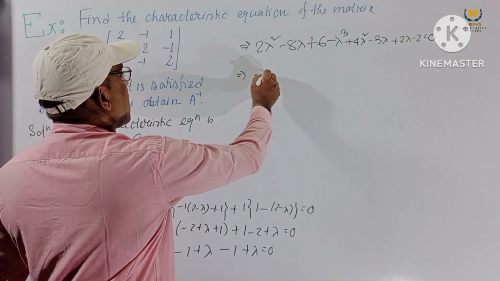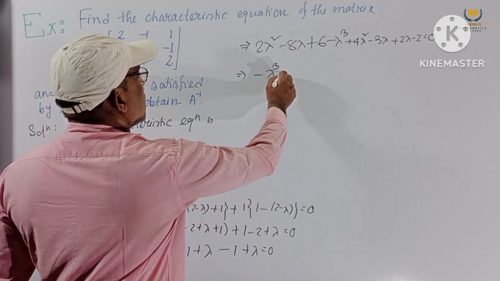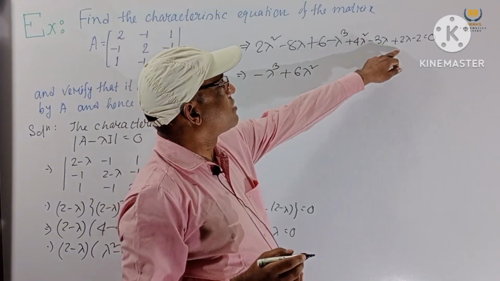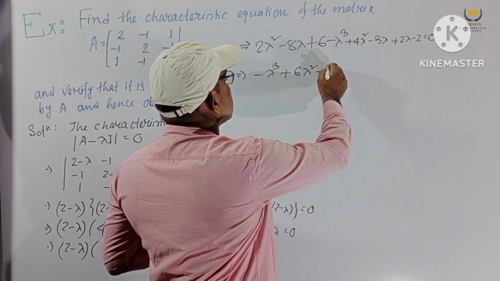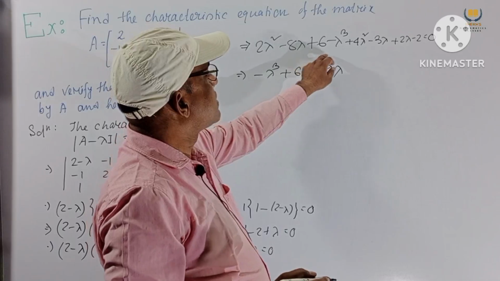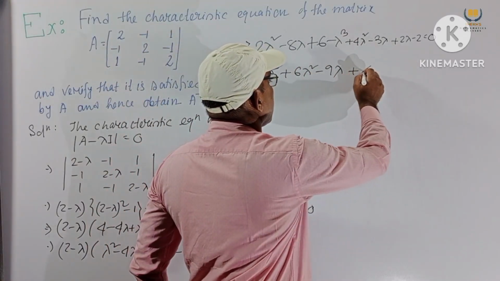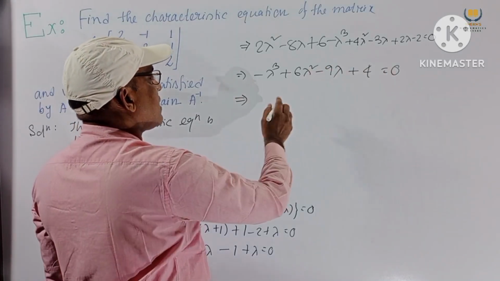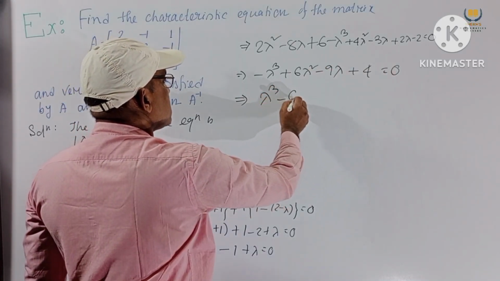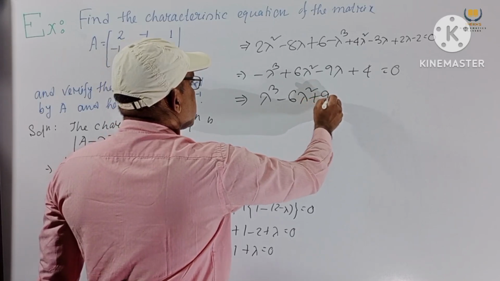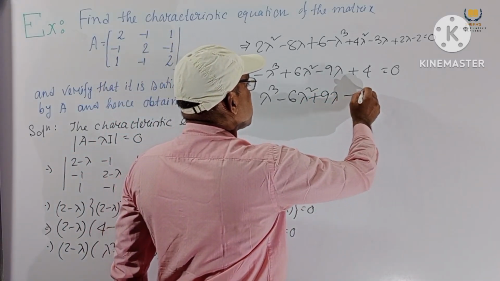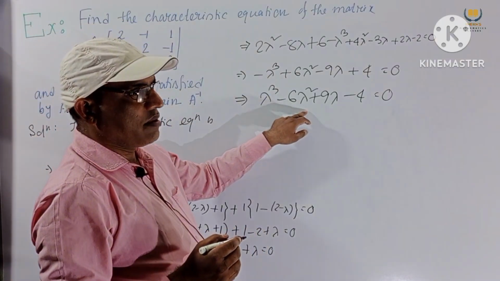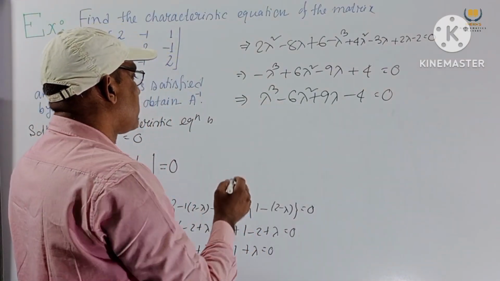This implies minus lambda cube plus 6 lambda square minus 9 lambda plus 4 equal to 0. Multiplying by the minus sign, lambda cube minus 6 lambda square plus 9 lambda minus 4 equal to 0.